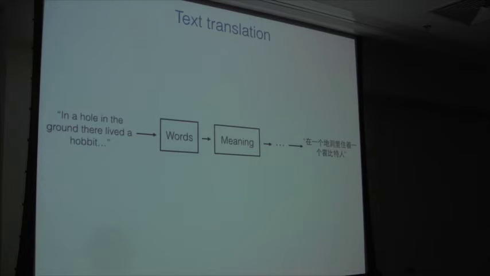And in a fairly different domain, you can take a sentence in, you extract some words, you have some engineered systems that will try to compute n-grams and map that onto meaning, and eventually you map it back to maybe a sentence in Chinese saying the same thing.